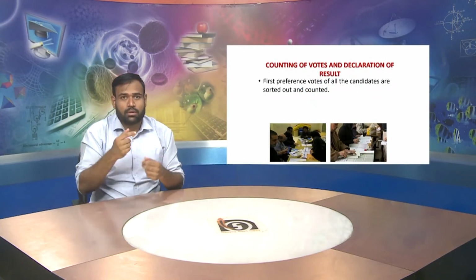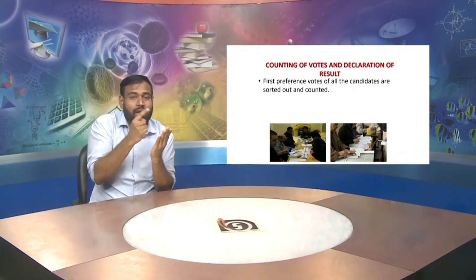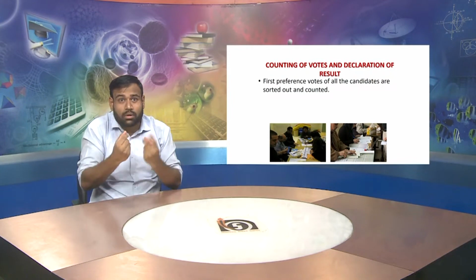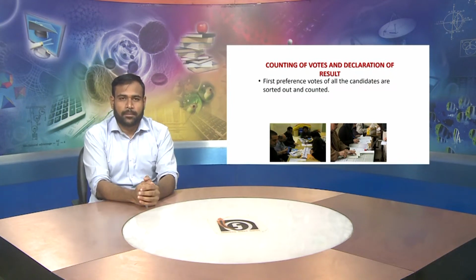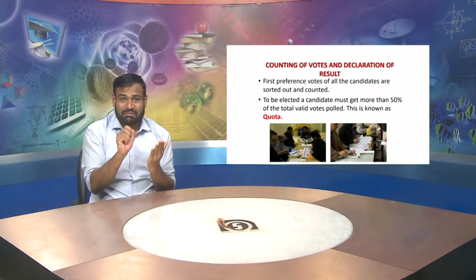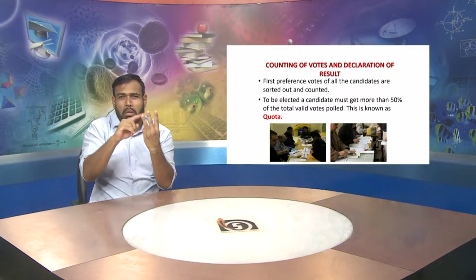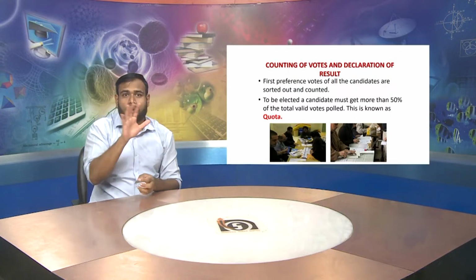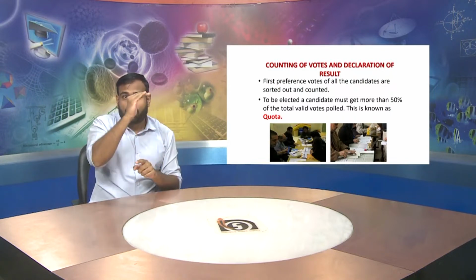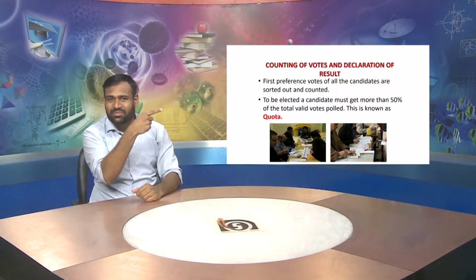The first preference votes of all the candidates are sorted out and counted. To be elected, a candidate must get more than 50% of the total valid votes polled. This is known as the quota.